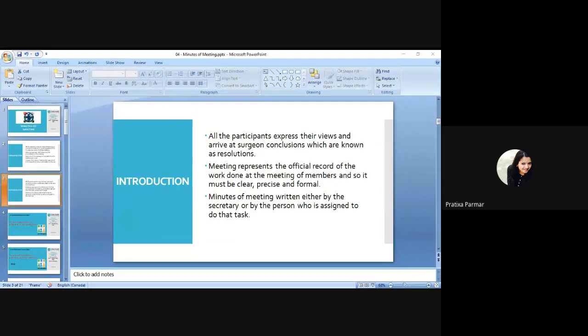So the one who has been given the task can maintain the minutes of the meeting. Ideally, let's say 10 people are attending the meeting, so anyone can maintain the minutes. But in your case, I want to evaluate you. So all of you are going to write the minutes of the meeting whenever we do the actual meeting online. Okay.